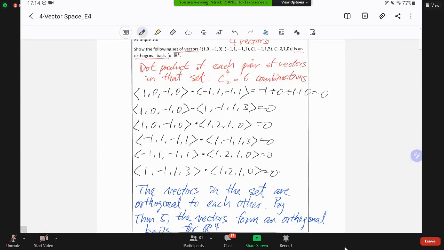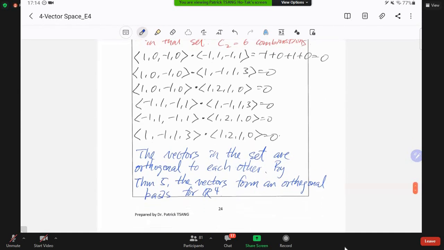Now I would like to ask, are there any theorems I can follow to form a linear combination for a random vector in that particular vector space? So this is the next question I would like to address.